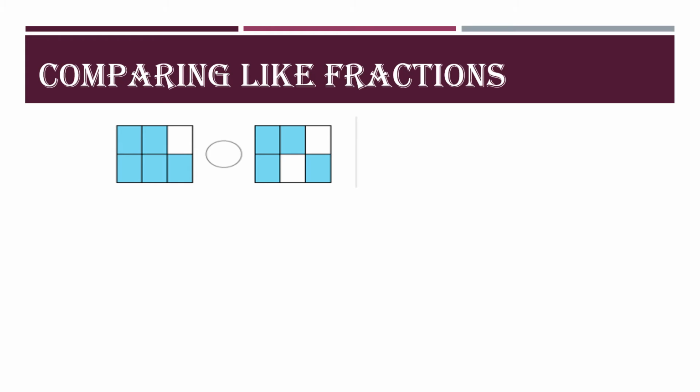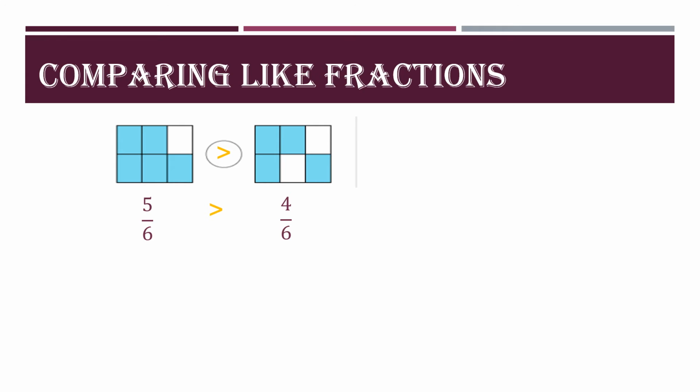So let's see the first figure. Here we have 6 blocks, and out of 6 blocks 5 blocks are shaded, so the shaded fraction will be 5 by 6. In this one, out of 6 blocks 4 blocks are shaded, so the shaded fraction is 4 by 6. Just by looking we can see that this part is more than that part, so this fraction, which is 5 by 6, is greater than 4 by 6.